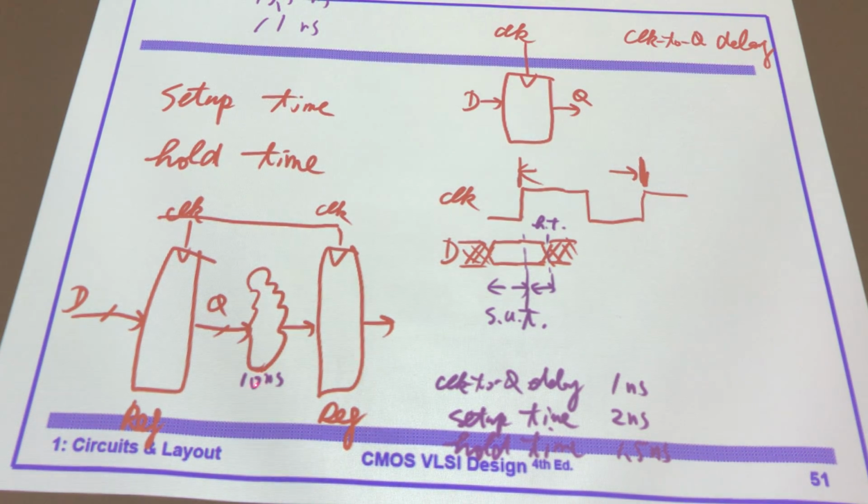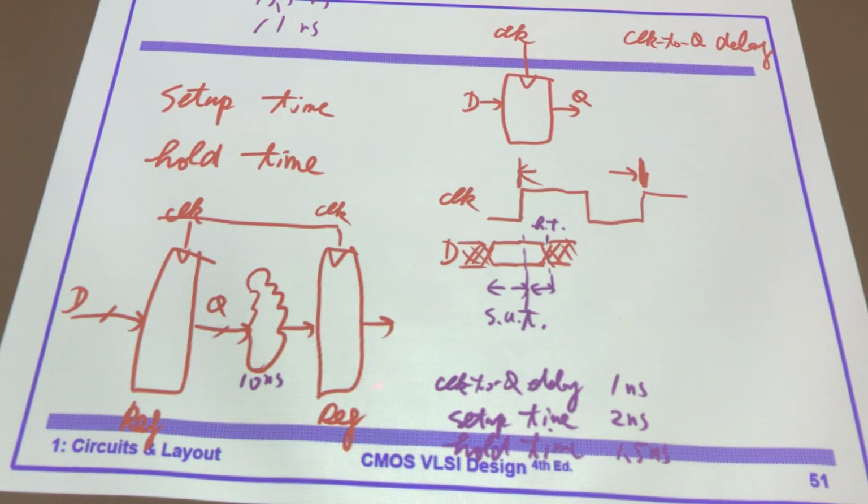It takes 10 nanoseconds in this combinational circuit for data to go through. For each register, the clock to Q delay is 1 nanosecond. The minimum setup time is 2 nanoseconds. Minimum hold time is 1.5 nanoseconds. So the question is, what is the minimum clock period?